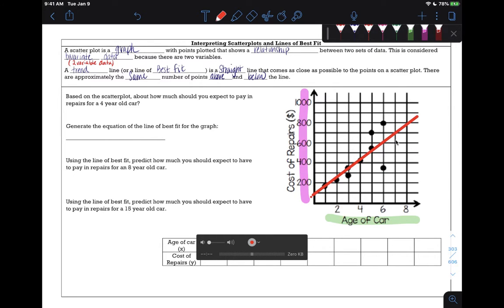So I would guess that this has an approximate equation somewhere here, right? So what I want to do now is start by first generating the line of best fit for the graph.